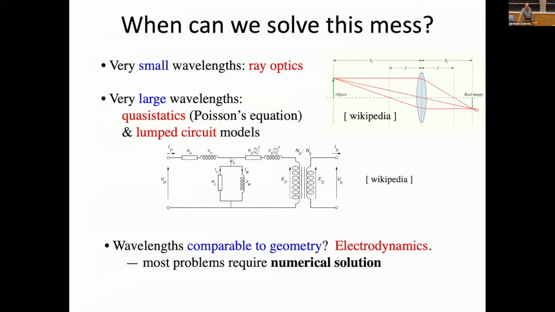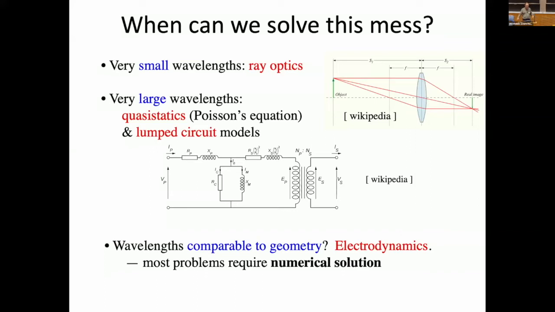So there are a few classic cases where you can solve this. The solutions are electromagnetic waves, as first shown by Maxwell. In the limit where the wavelength is very small compared to the geometry, you can use ray optics. You probably learned in high school that you can treat light as rays that go in straight lines. If the wavelength is very large, you can use quasi-statics or Poisson's equation.